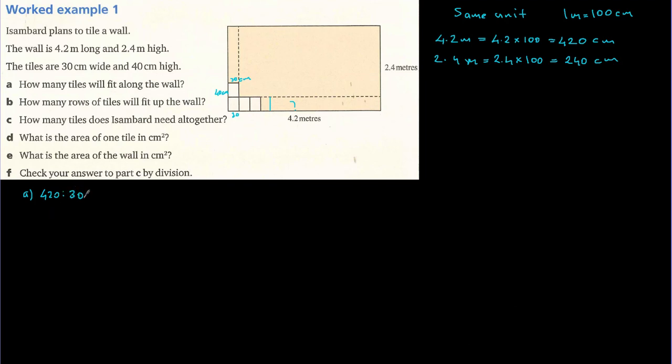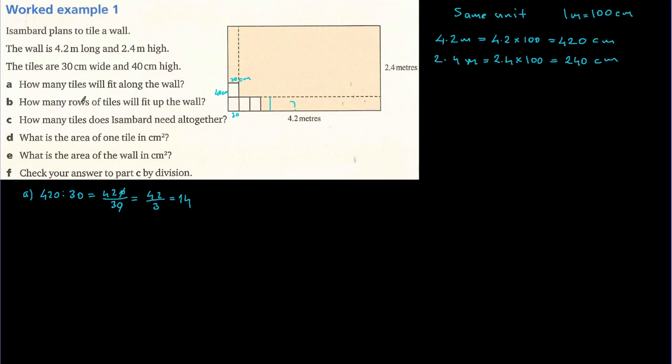When you simplify, it is 42 divided by 3, which is not 24, it is 14. I'm sorry, 14. So you can put 14 tiles along the wall.